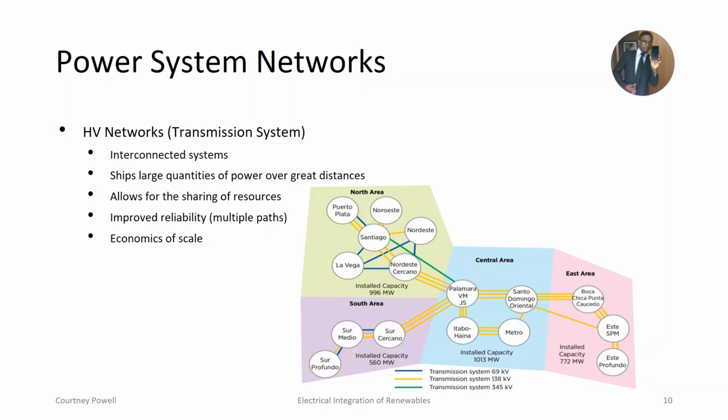Improving reliability, because you have multiple paths generally in a transmission network, it tends to be a lot more reliable than, let's say, a distribution network. And also there's the existence of economies of scale because of the interconnected nature. It presents that opportunity for greater economics.